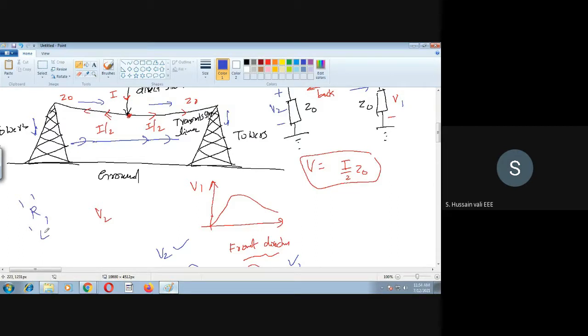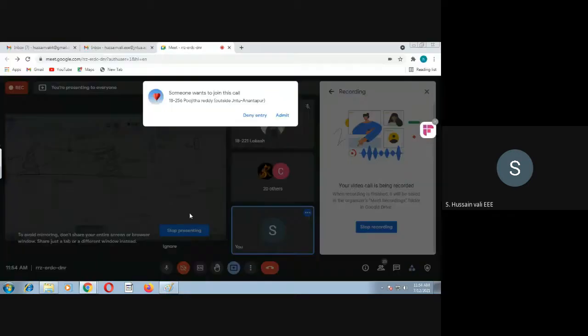Then you can call these R and L properties of the tower. So R is tower resistance, whereas L is tower inductance.